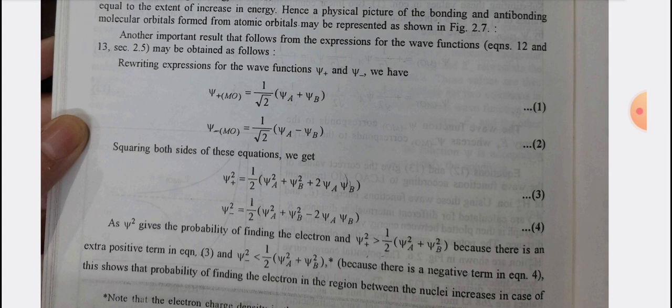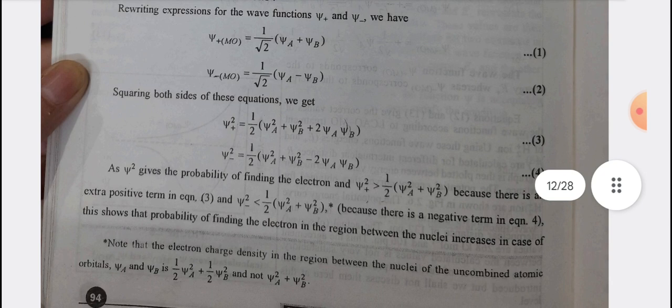As psi squared gives the probability of finding the electron, psi+^2 is greater than 1/2 (psi_A^2 + psi_B^2), because there is an extra positive term in equation 3, and psi-^2 is less than 1/2 (psi_A^2 + psi_B^2), because there is a negative term in equation 4.